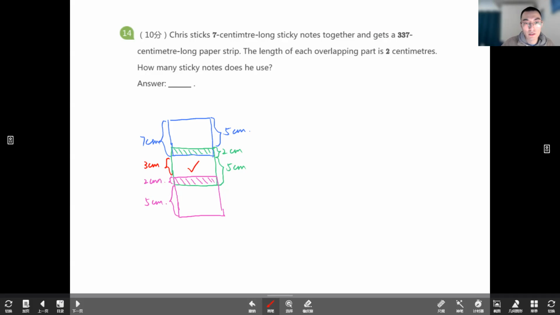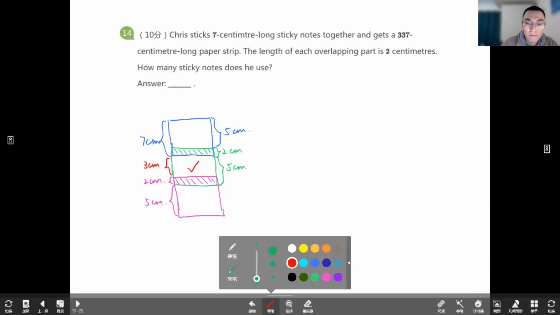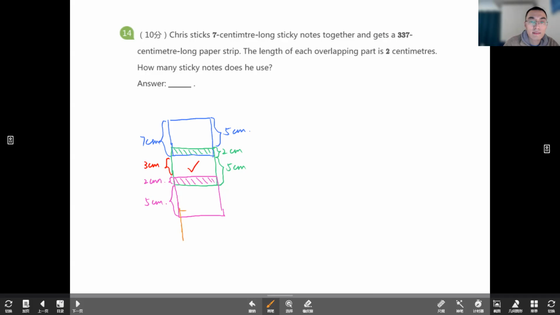Let me draw another sticky note, a fourth sticky note, with yellow, perhaps with orange. So this is the fourth sticky note, and similarly, it's going to be 3 centimeters over here.